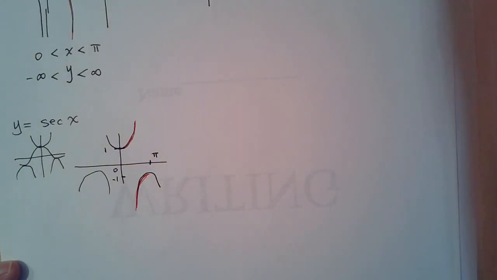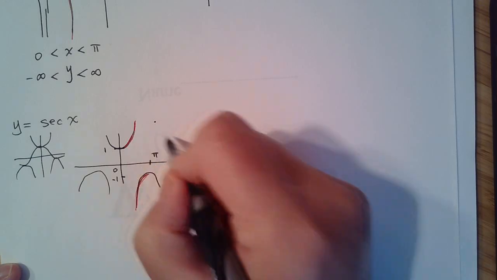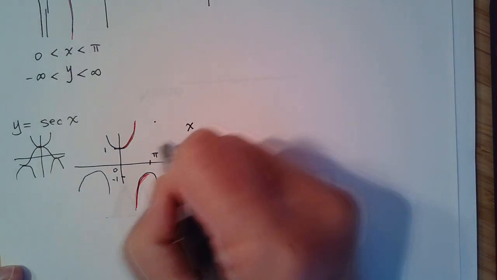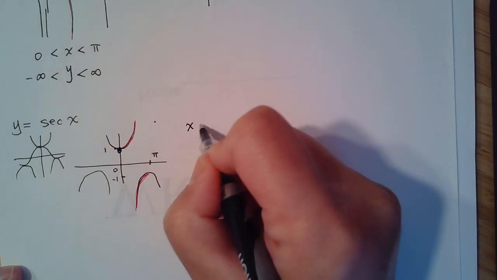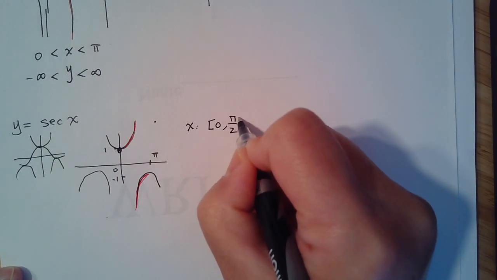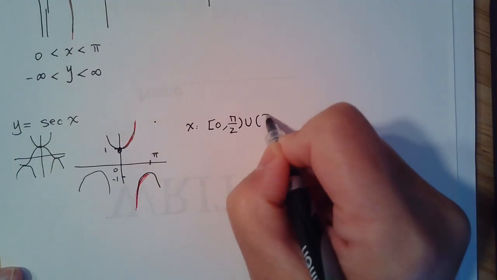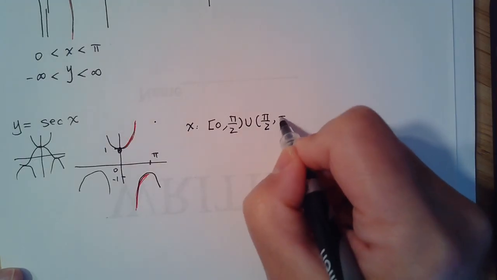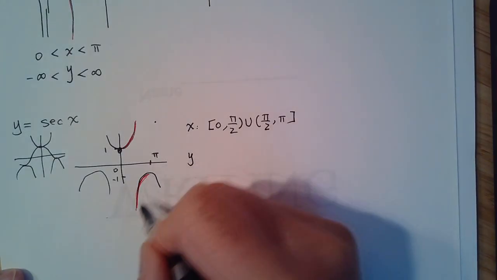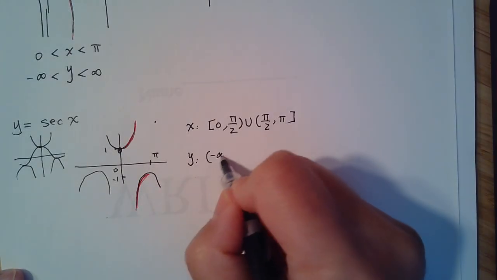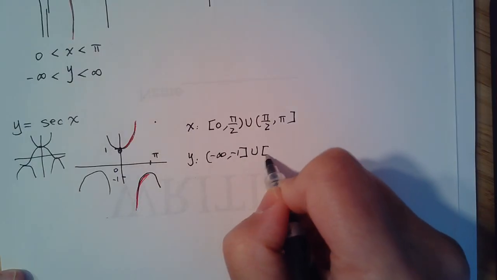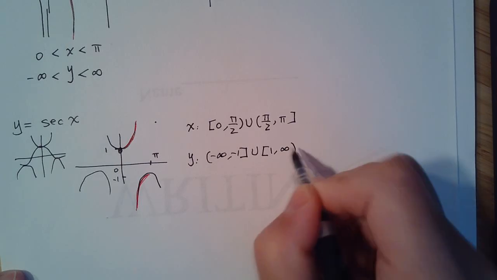Now this is a secant x, so that my x is from 0 to pi over 2, but not pi over 2, and pi over 2 to pi inclusive. And what about my y? Y is from negative infinity to -1 to 1 to positive infinity, isn't it?